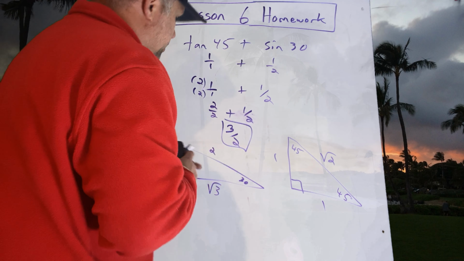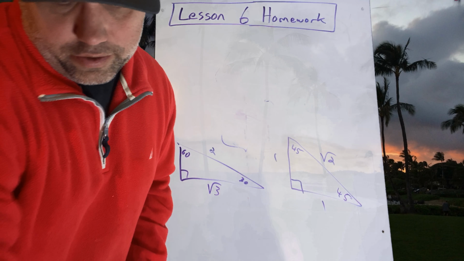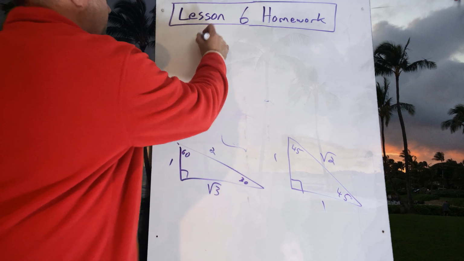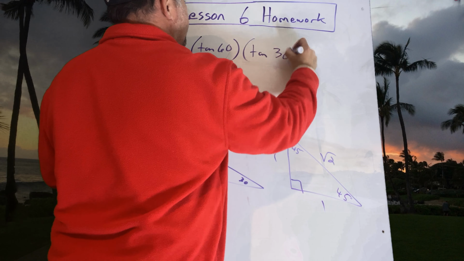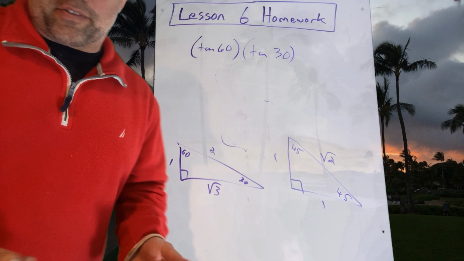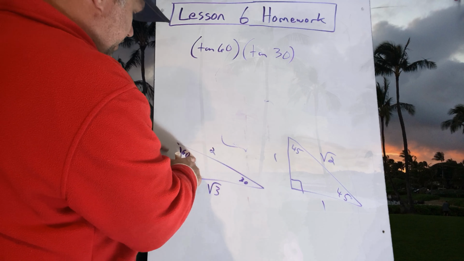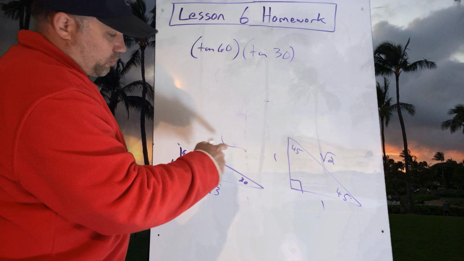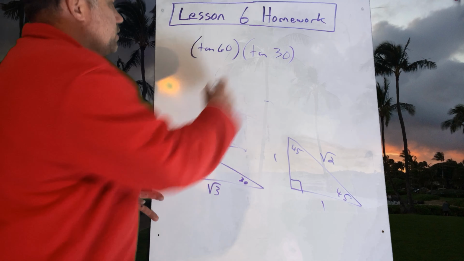All right, let me do the next one. The next one was the tangent of 60 times the tangent of 30. I know it's multiplication because we have parentheses around the things, right? That means multiply. So the tangent of 60. Tangent is opposite over adjacent. So radical 3 over 1.